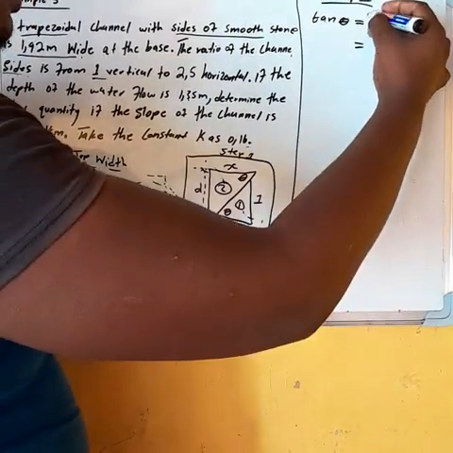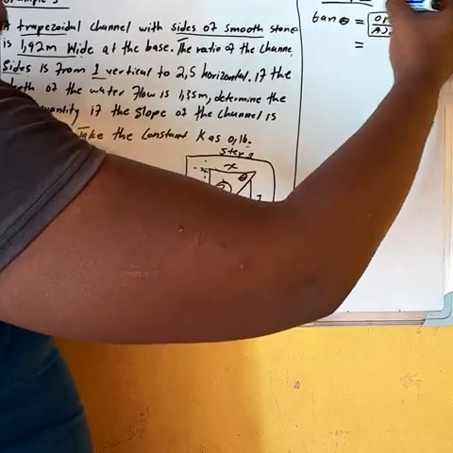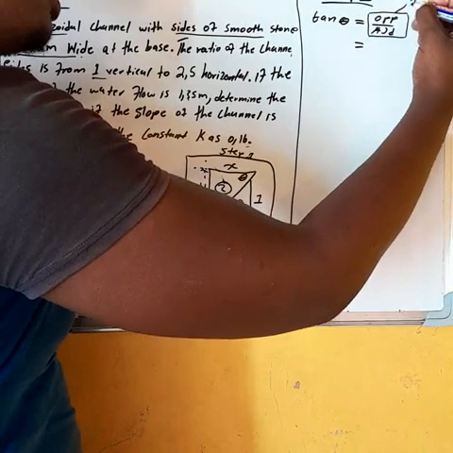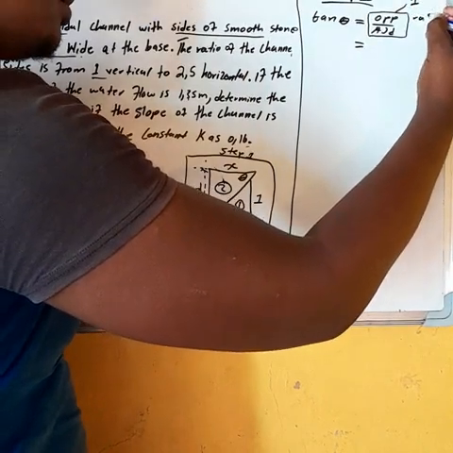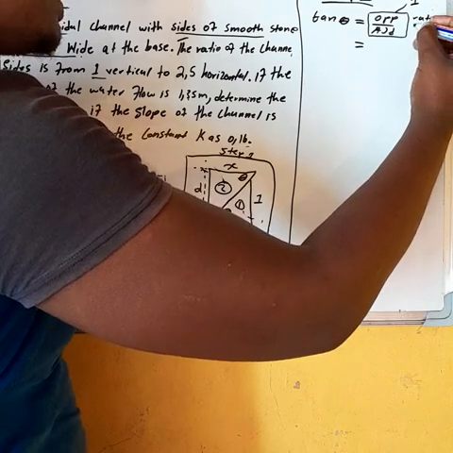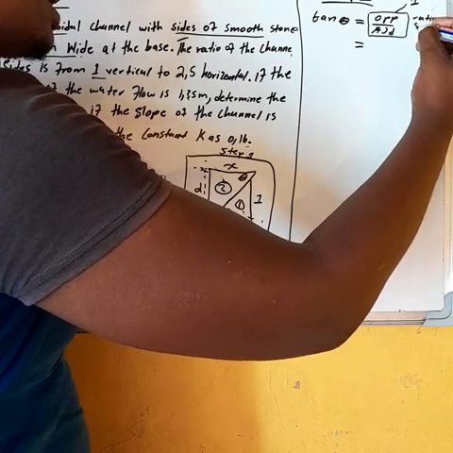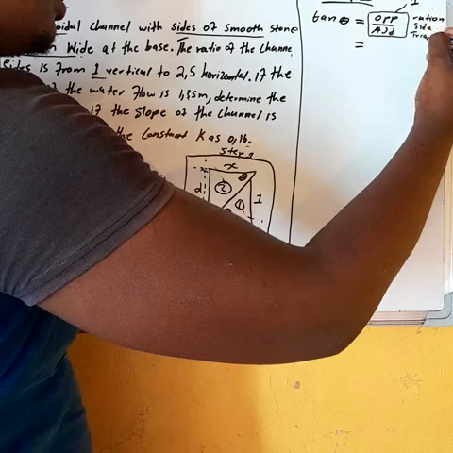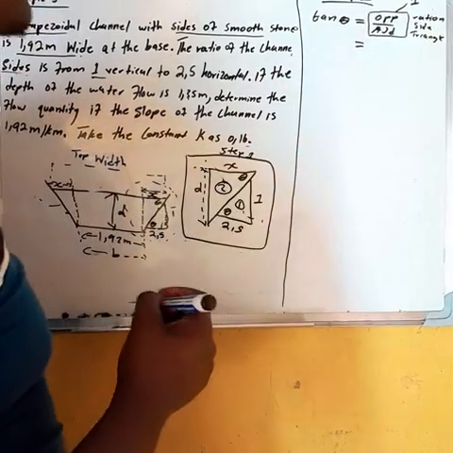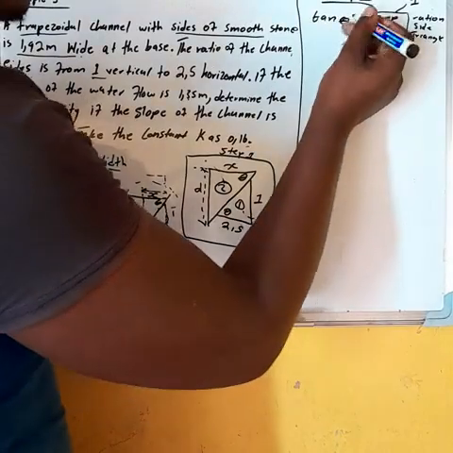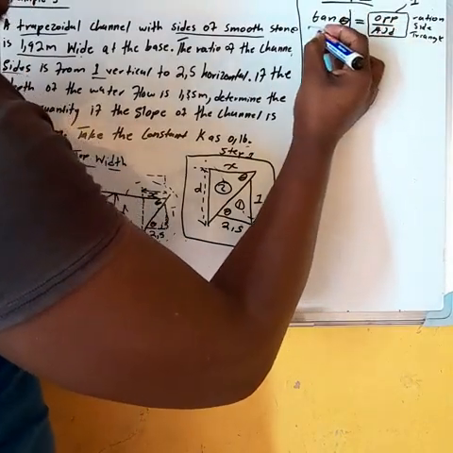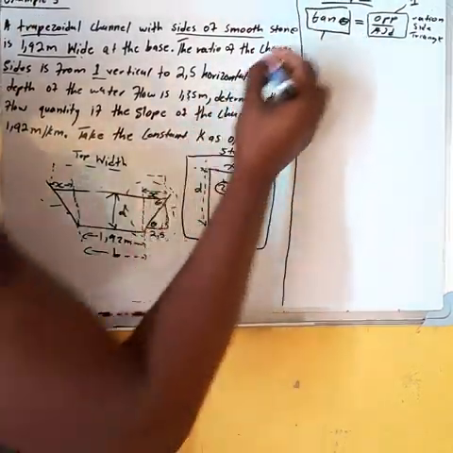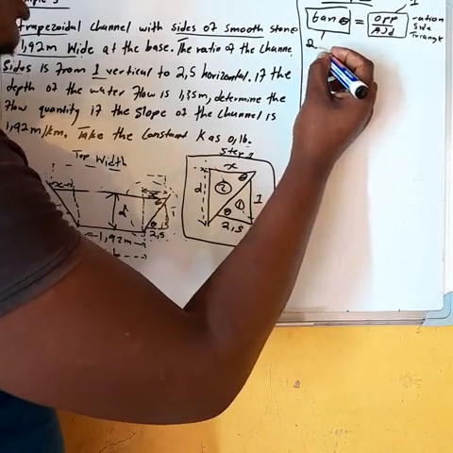This part is for the small triangle, for triangle 1. It's for the ratio triangle, ratio sides. Then the tan theta here is for the second triangle, which is triangle 2.